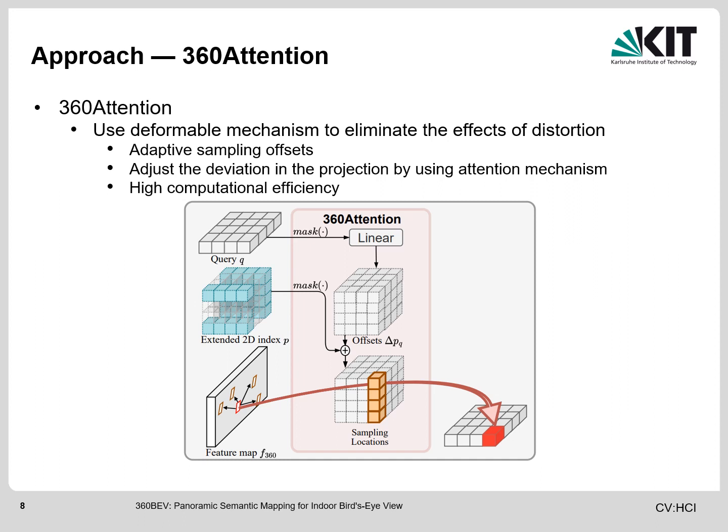In order to eliminate the effects of distortions, as shown in the diagram below, instead of relying on multi-view features across multiple cameras, our 360 attention module is designed to directly adopt adaptive sampling offsets and extract features from a single panoramic feature map. And the mask operation is applied to keep the BEV query efficient and adaptive to front view panoramic features by using depth information as a bridge.